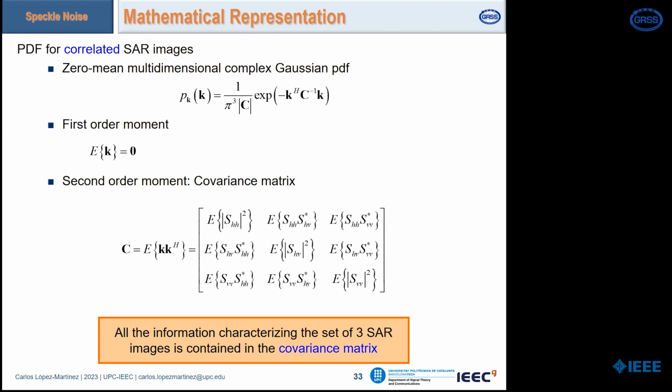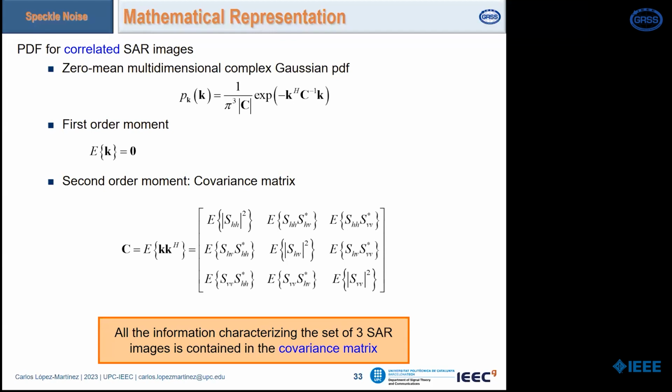Okay? So all the information characterizing the set of 3 images is contained in the covariance matrix for distributed targets. If you remember, I ended the last presentation with that map of descriptors. I also came to the idea of covariance matrix from polarimetry. Here, I have come to the idea of covariance matrix through the statistics. Because this K vector is random, I need this expectation to remove the speckle noise.